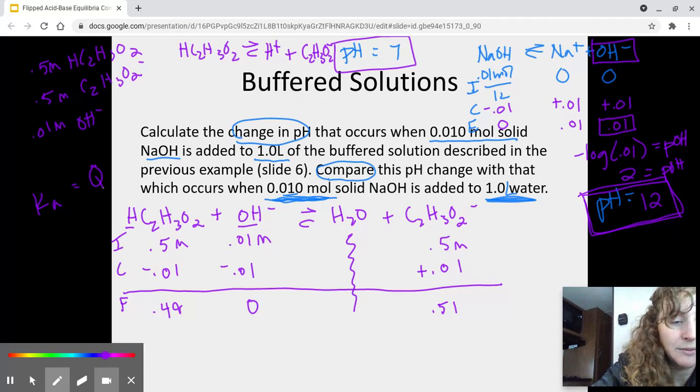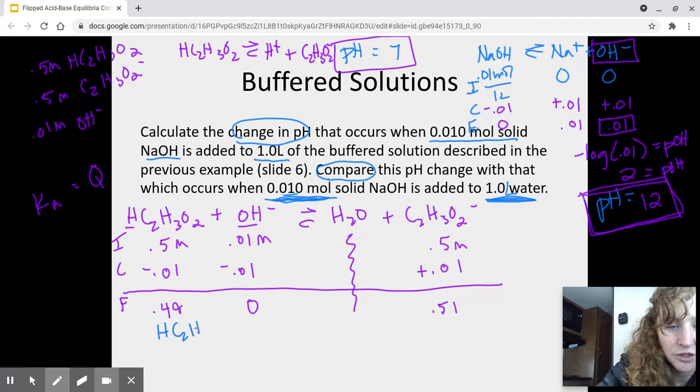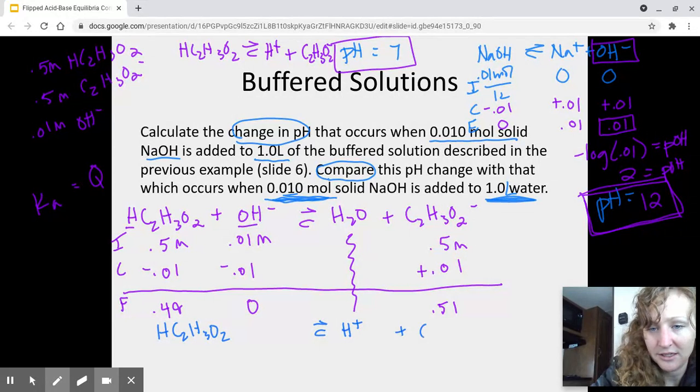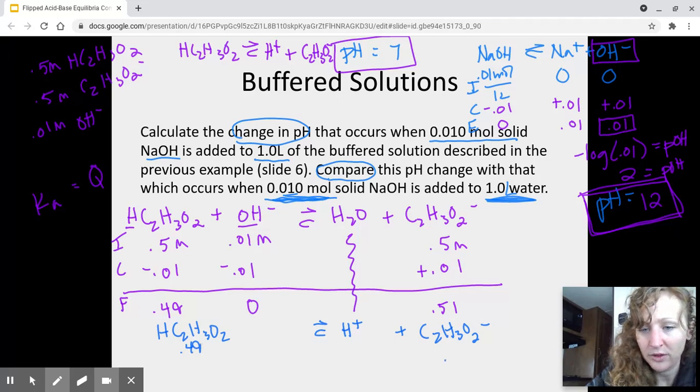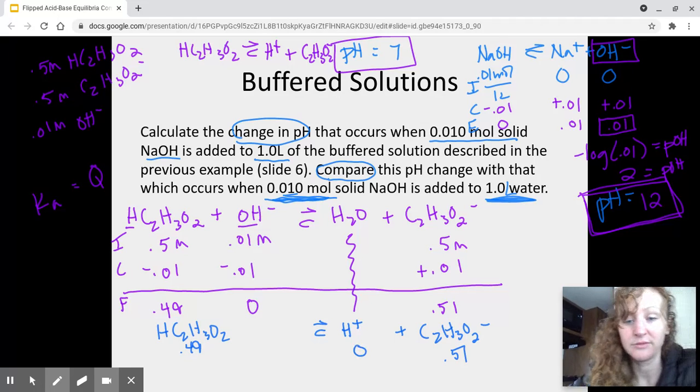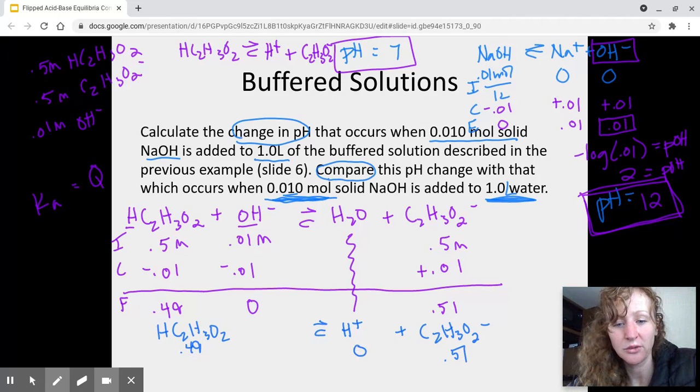So I'm going to reset up that reaction. C2H3O2 is dissociating into H plus and C2H3O2 minus. So now I have 0.49, 0.51, and 0. Okay, I have 0 H plus.